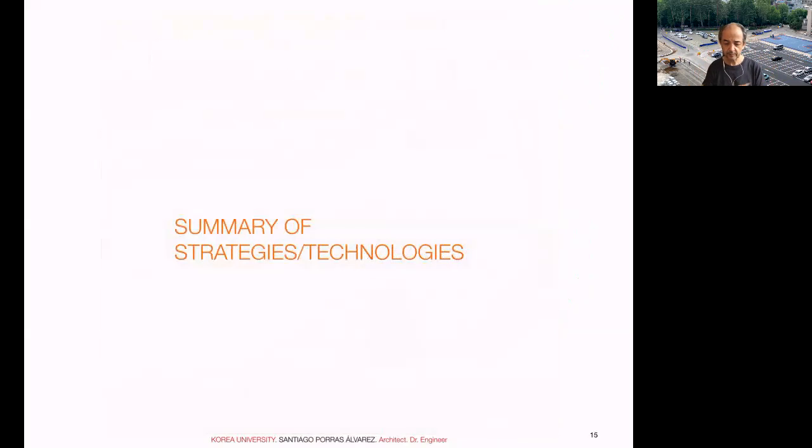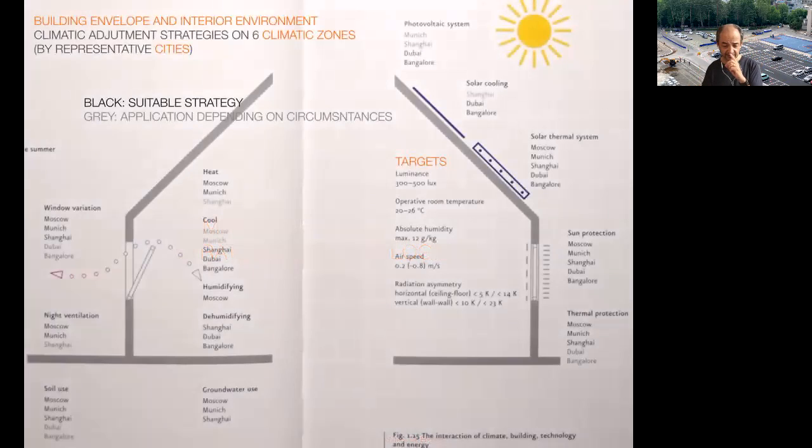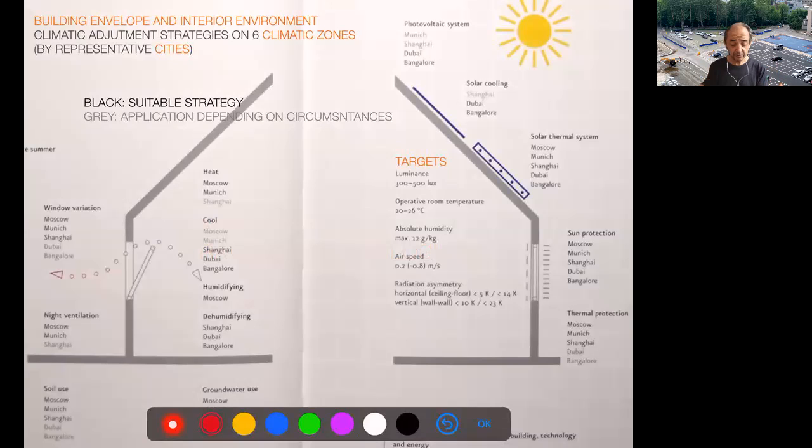Okay, so interesting comment. I just collected the image with the summaries because it is very well expressed. So as usual, we start from the section of the building. And you have the clean systems like a photovoltaic system for electricity, solar cooling, solar thermal system in which you just heat directly the water to have heat.